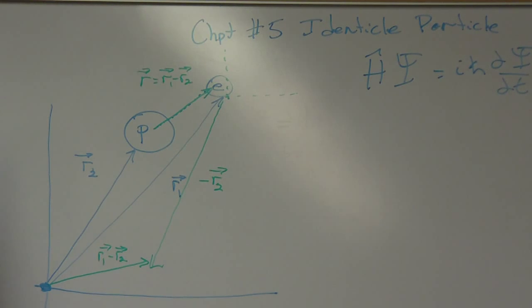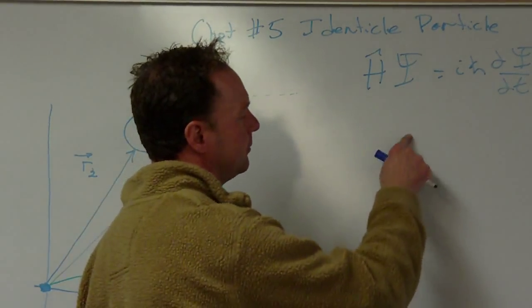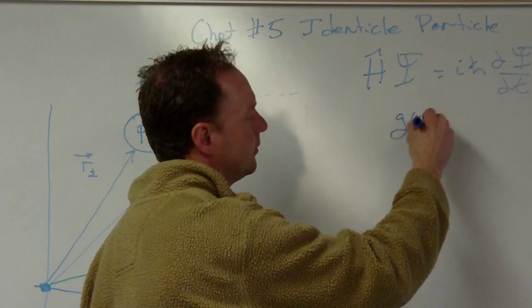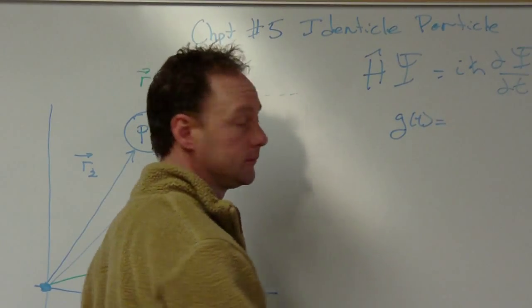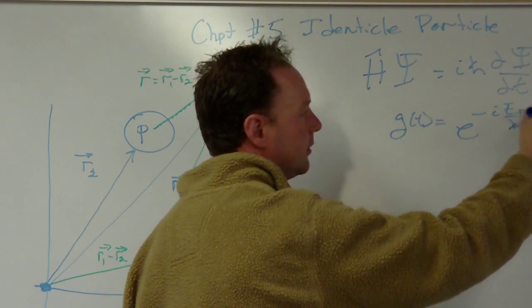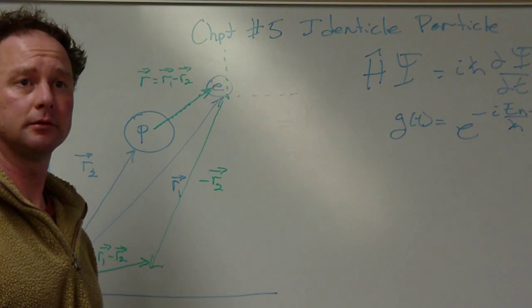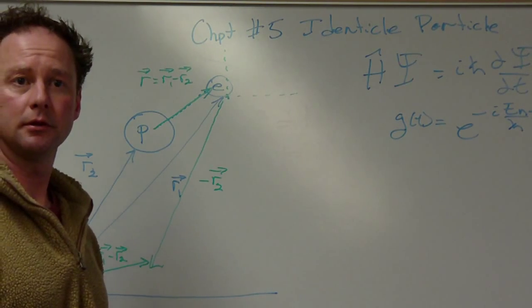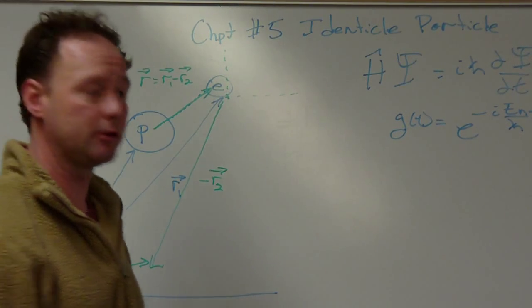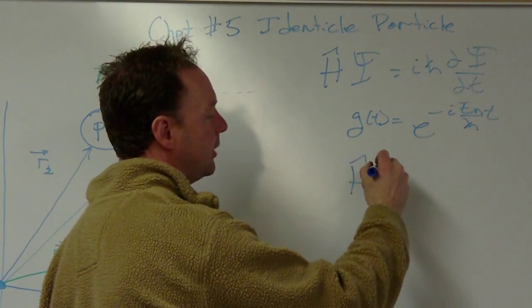Separation of variables, get rid of the time. So what is my G of t going to be? An exponential. Then I'm left with Schrodinger's time-independent equation, for stationary states.